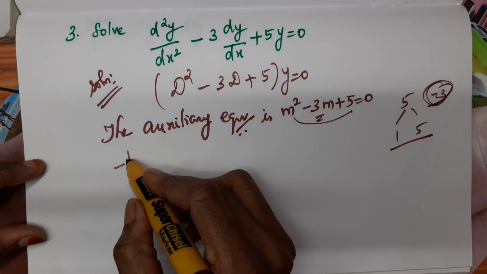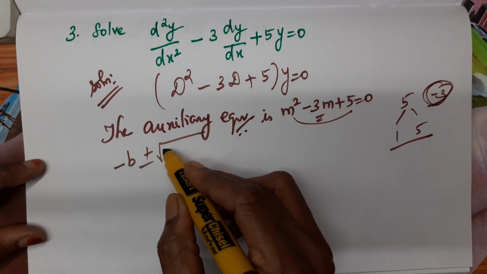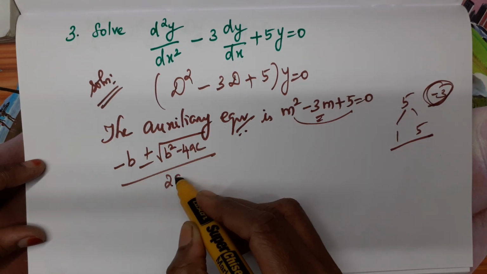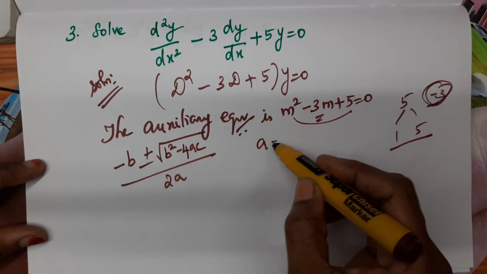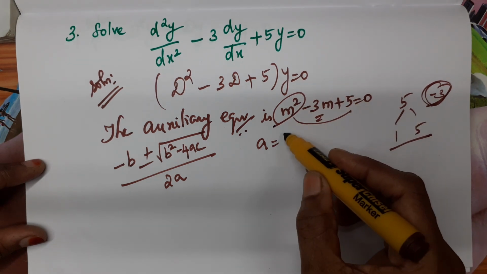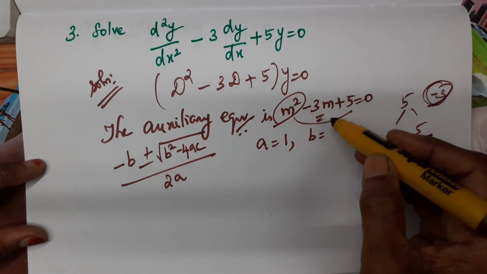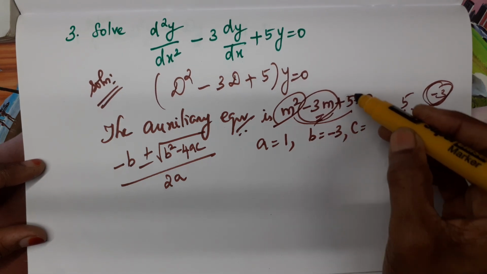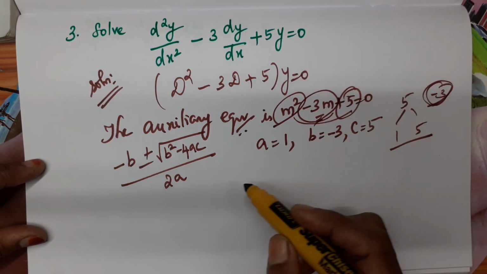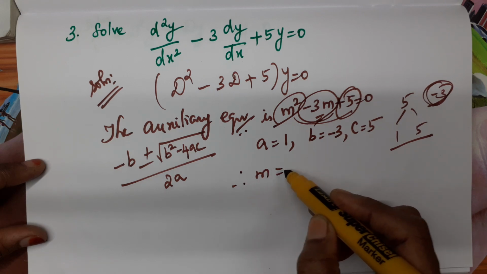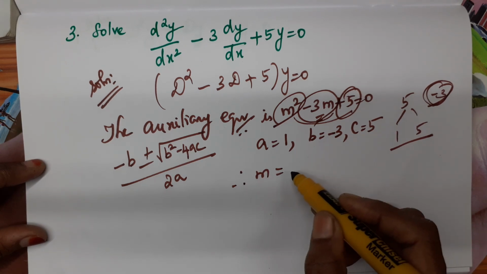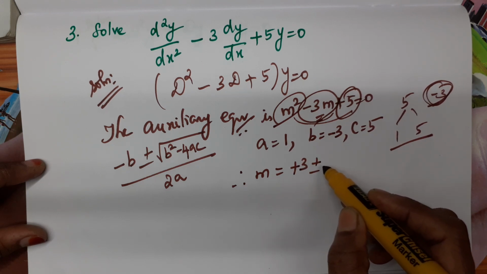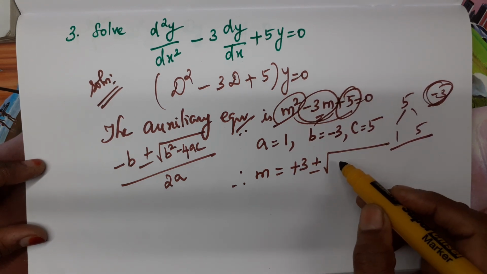What's the formula? Minus b plus or minus root of b squared minus 4ac by 2a, where a is the coefficient of m squared, that is 1, b is the coefficient of m, that is minus 3, and c is the constant term 5. Therefore, m is equal to minus b. Minus b means minus of minus 3, so it is plus 3, plus or minus root of b squared.